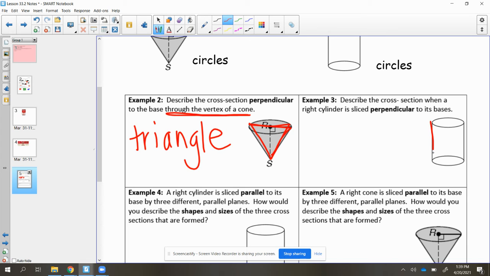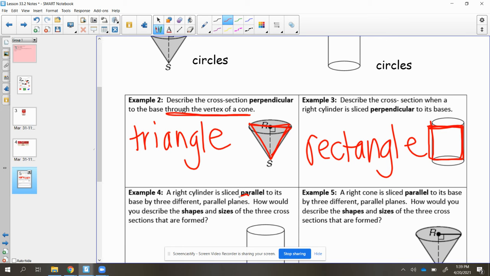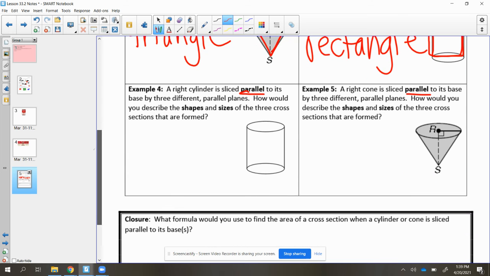And if we are perpendicular to the bases in a cylinder, it is going to be a rectangle. However, when we are parallel, like we talked about up above, we're going to have circles. Now, specifically, when we are cutting in different spots, in a cylinder, they're going to be congruent circles.